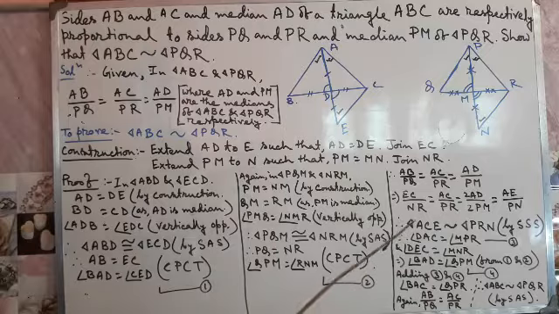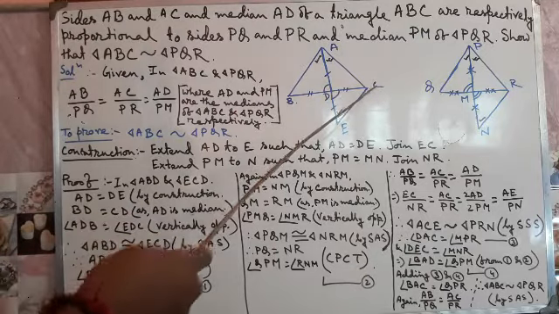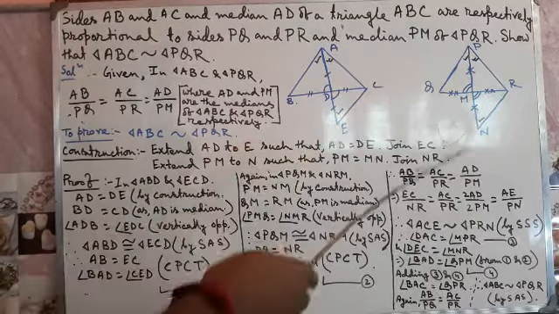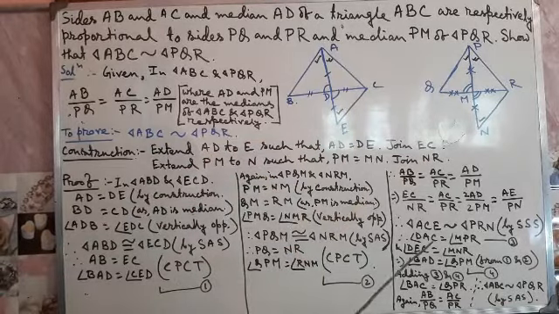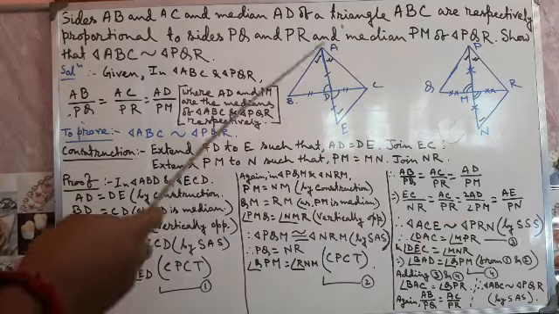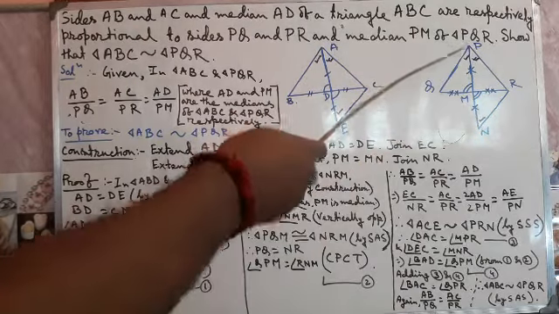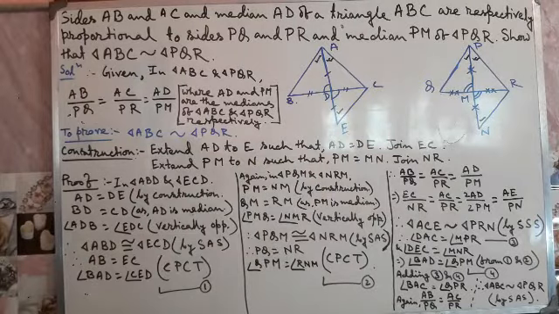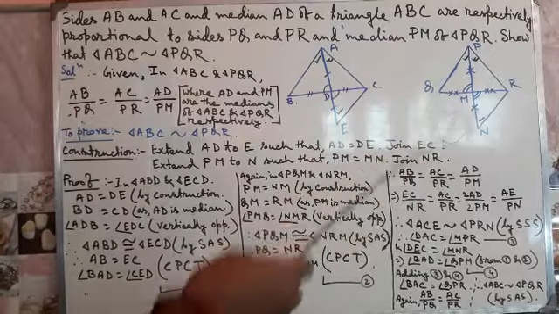So triangle ACE and triangle PRN are similar by side criteria, as corresponding sides are proportional. As these two triangles are similar, angle CAD is equal to angle RPM, as well as angle CED is equal to angle RNM.